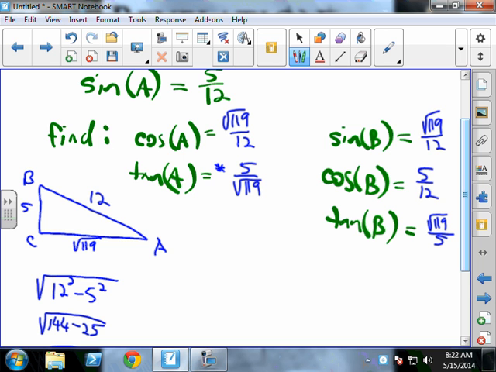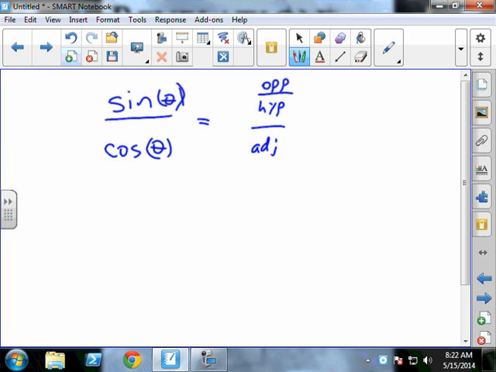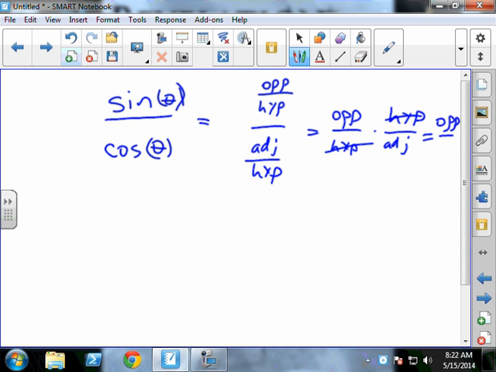Well, one thing that I don't know what books show you and what they don't, but I want to look at something here. The sine of theta over the cosine of theta. If I make some substitutions here, the sine is the opposite over the hypotenuse, over the adjacent over the hypotenuse, which means that's the opposite over the hypotenuse times the hypotenuse over the adjacent, and the hypotenuse cancels, so it's the opposite over the adjacent.